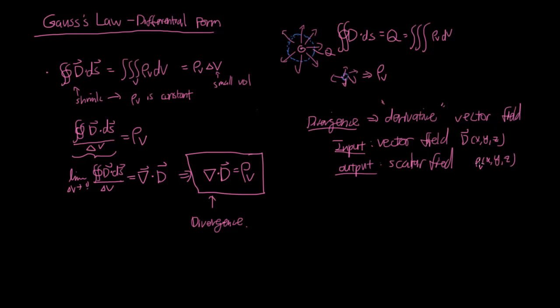Charge volume density is a quantity, it's a scalar, it has no direction. This has similarities to the dot product. Remember that when you take the dot product of two vectors, the input is vectors and the output is a scalar. So this is analogous in that sense.